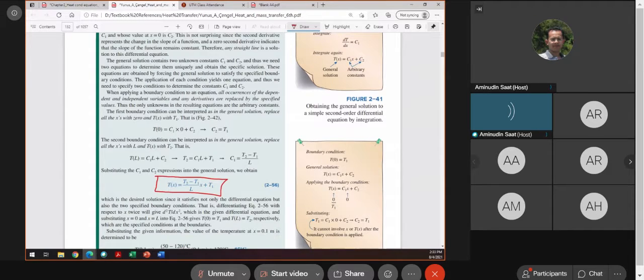So this is the so-called general solution.